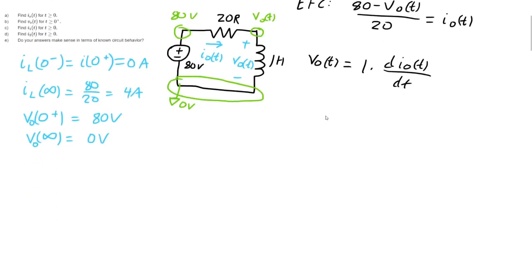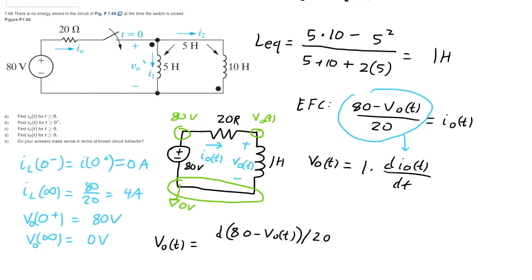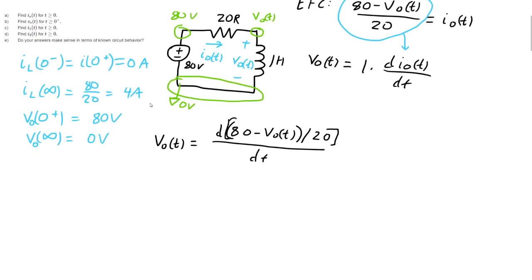We already have an expression for i_o(t). We're going to substitute that in here and say that v_o(t) equals d/dt of (80 minus v_o(t)) divided by 20. Now I'm going to pull the 1/20 out, and the derivative of the constant goes to 0.